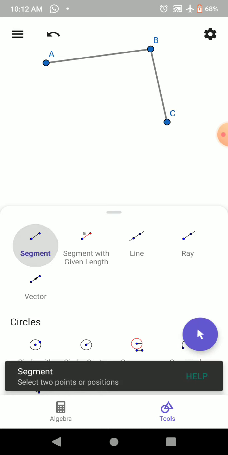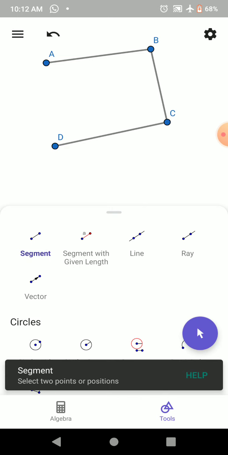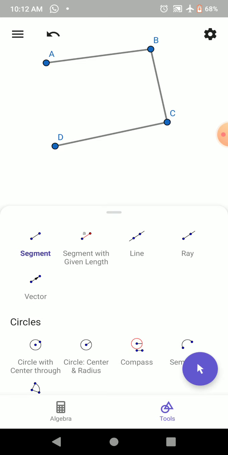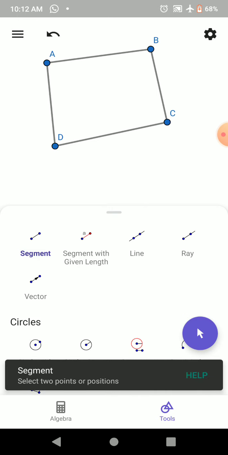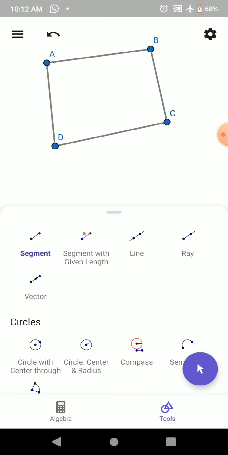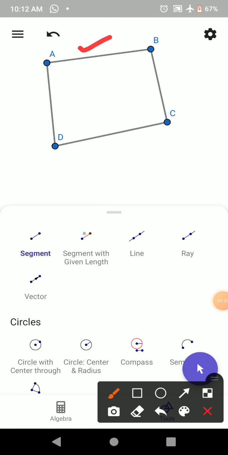I will take one more point, D, and join point C and point D, and now I will join point D and A. Here you can see a closed figure has formed, which has 4 segments: segment AB, then segment BC, then segment CD, and segment DA.